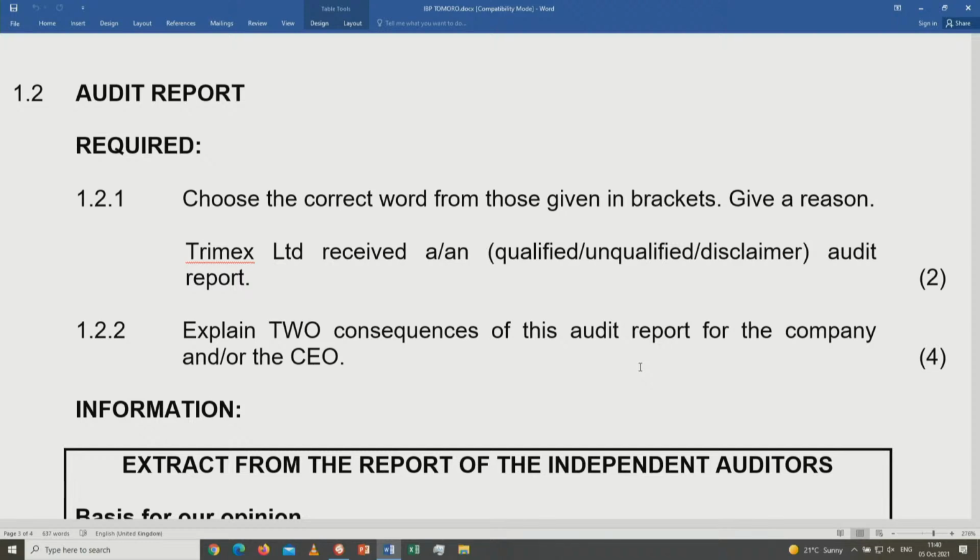His job is only to identify the risks in the company, assess controls, and recommend controls in order for the company to minimize the risk from taking place.